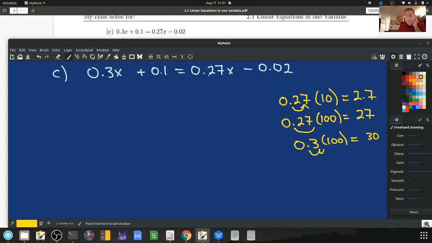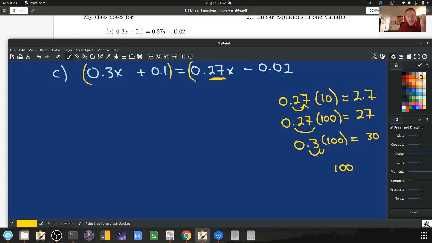I find the term and I look at the total number of significant digits past the decimal. This only has 1, this only has 1, this has 2. So I multiply it by 1 with 2 zeros, 100. And I'm going to multiply both sides by 100.